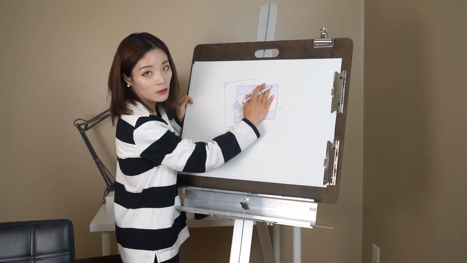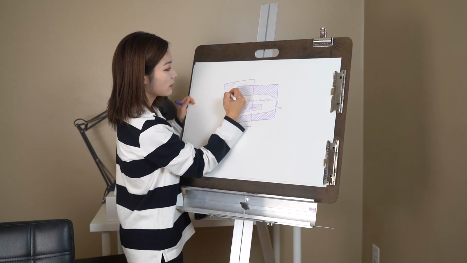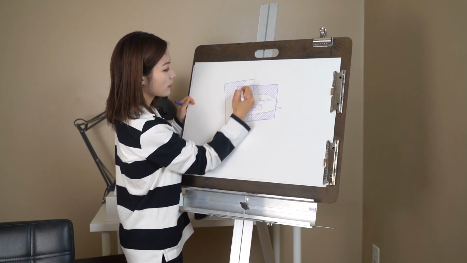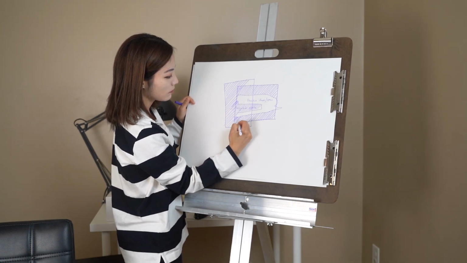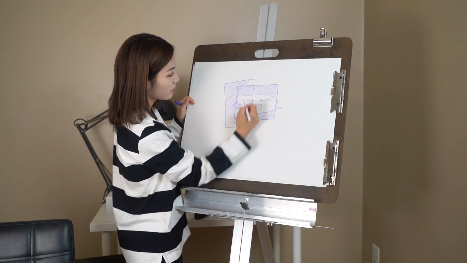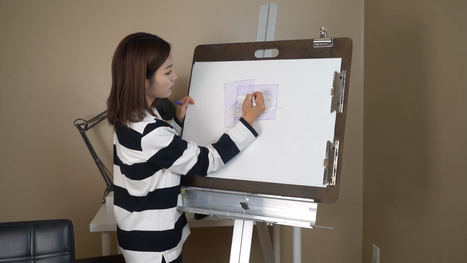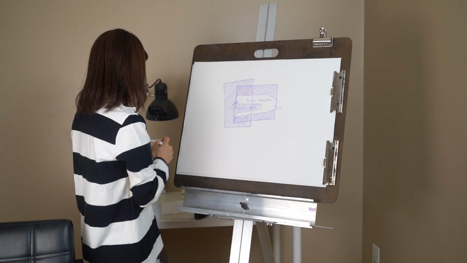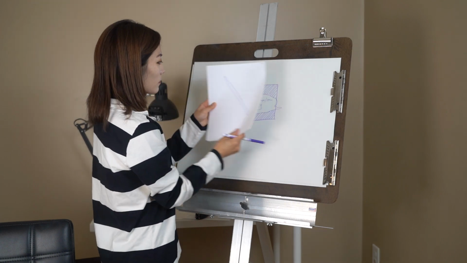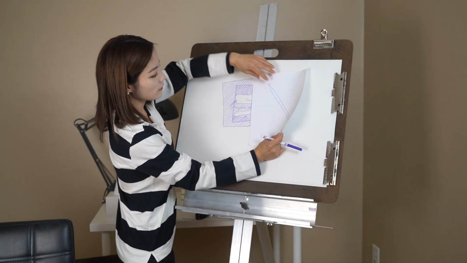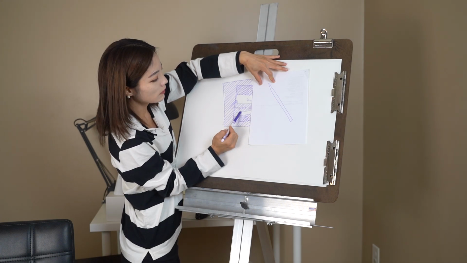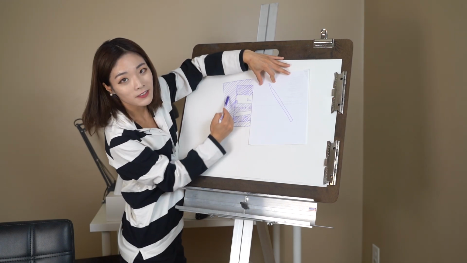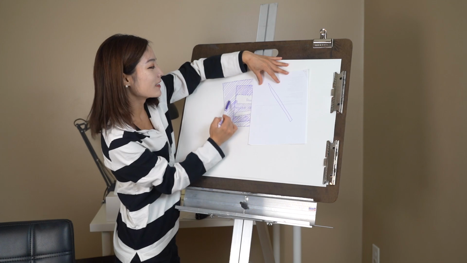Ignore all this. Let's talk about the negative space here. The blank space is still the positive. The negative space looks like an E, right?